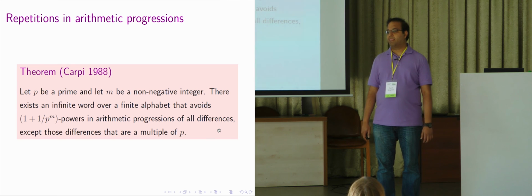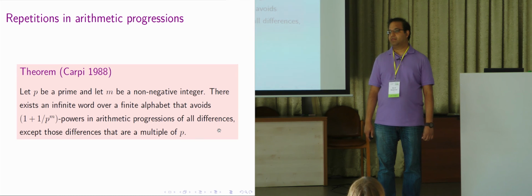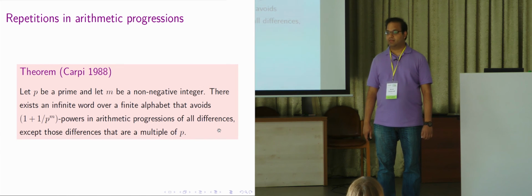It's true that in this theorem one can choose m equal to 0 and avoid squares in all progressions except for some arbitrarily chosen p. Yes.